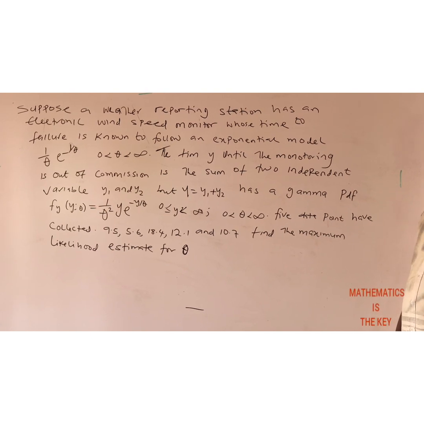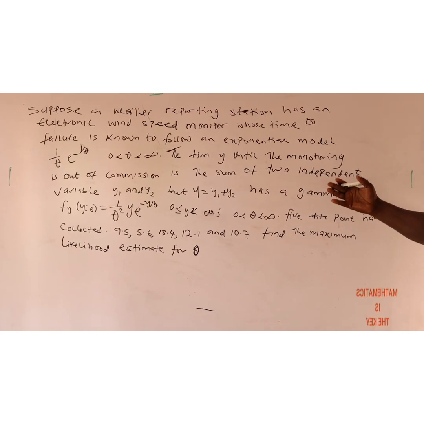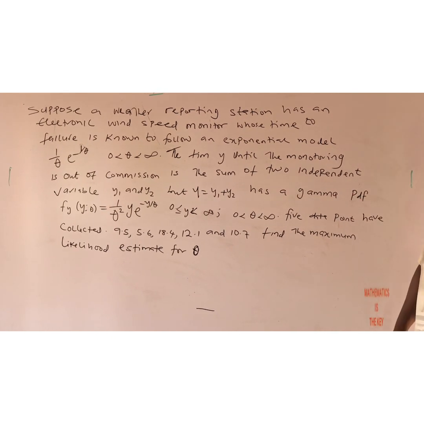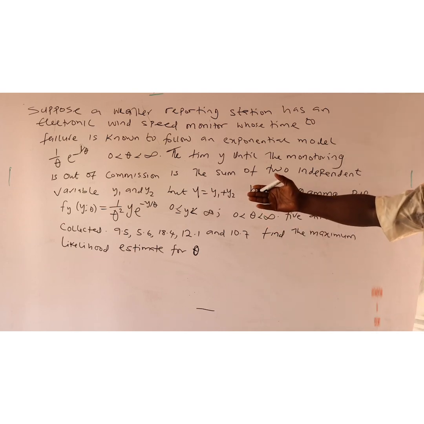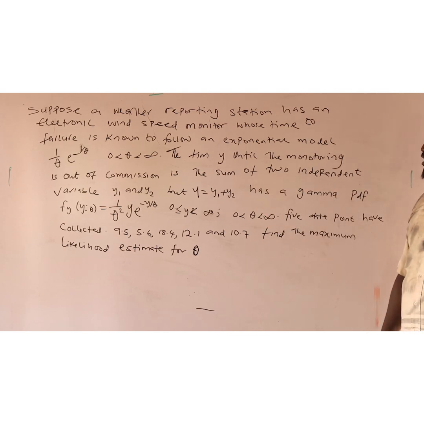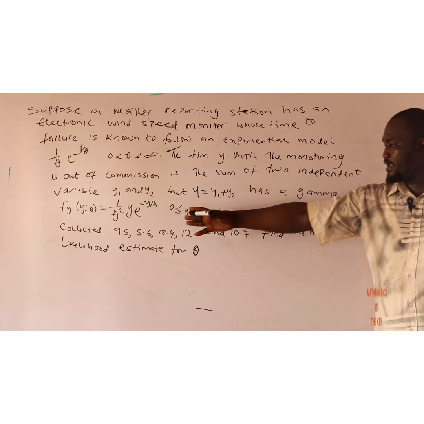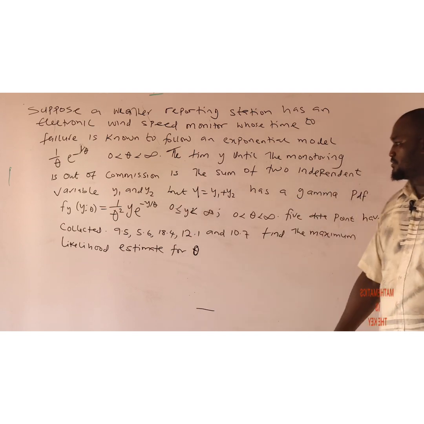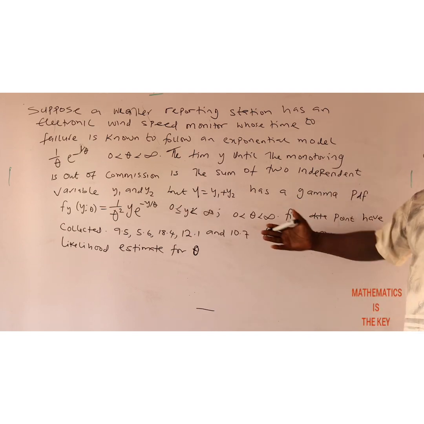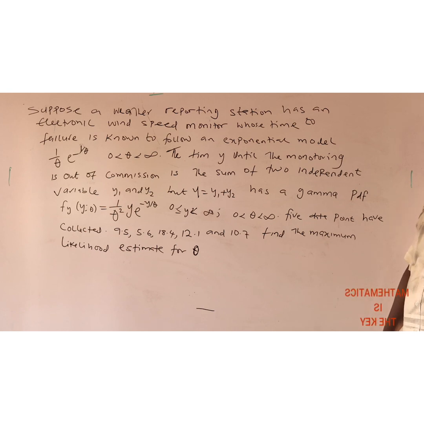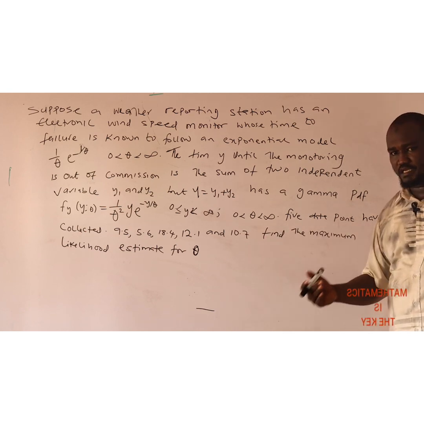In this example, we have a gamma function, f of y equals 1 over theta squared, y exponential of minus y over theta, and 5 samples were collected. We are to find the likelihood estimate for theta.